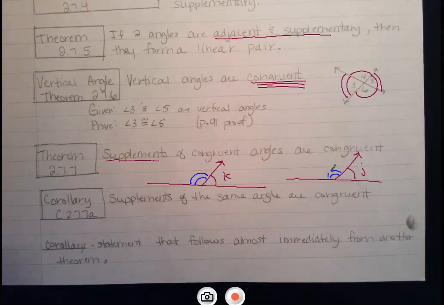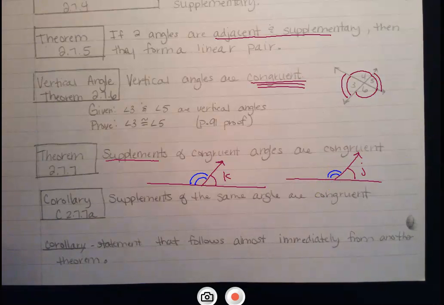Does that make sense? And then the supplements of the same angle are congruent. A corollary is a statement that follows immediately after another, or from another theorem. We're going to get into some more of those, but it's kind of like the backwards of the theorem. It follows usually right after.